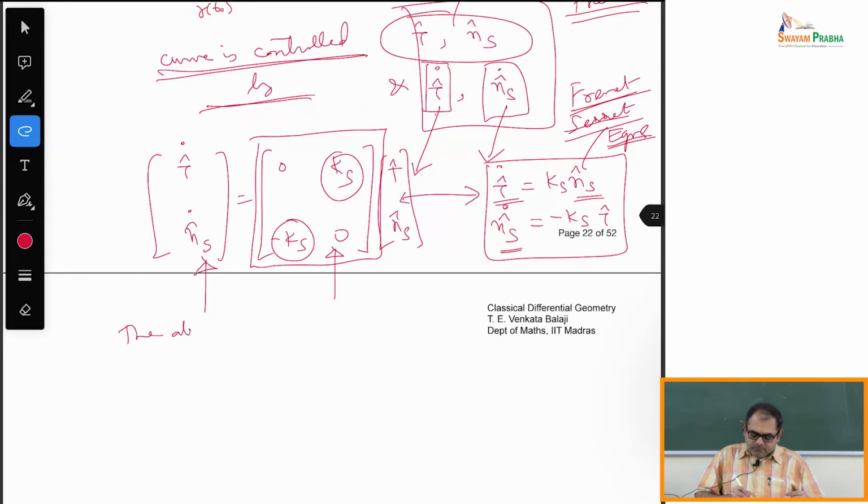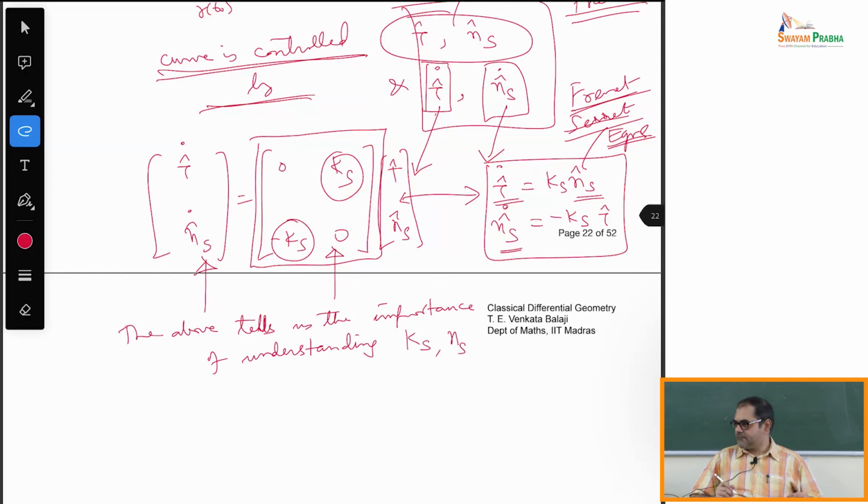The above tells us the importance of understanding the signed curvature, and of course also the signed normal. Mind you, the signed normal is also involved anyway. Sometimes I put the cap, sometimes I don't, but I always put a cap to keep reminding you that it's a unit vector.